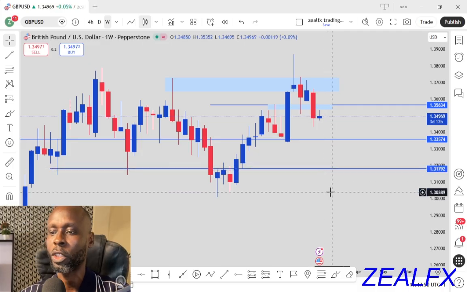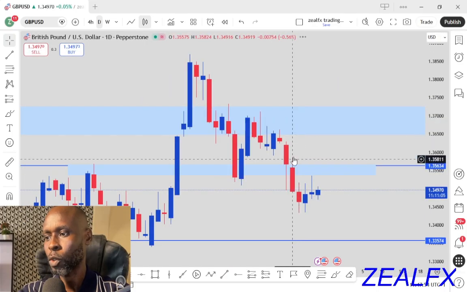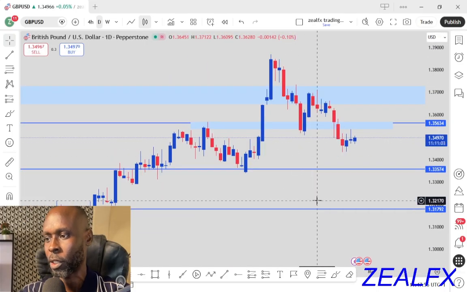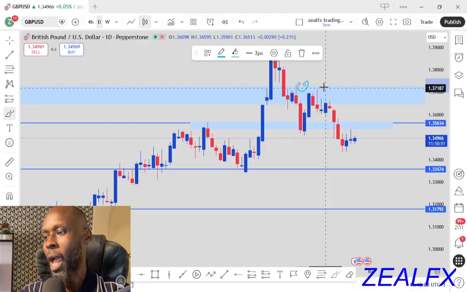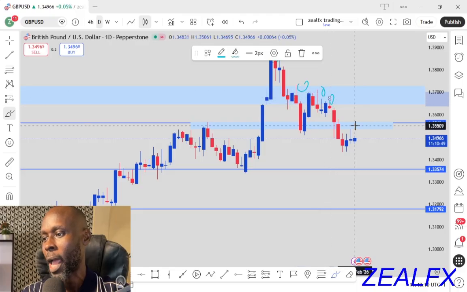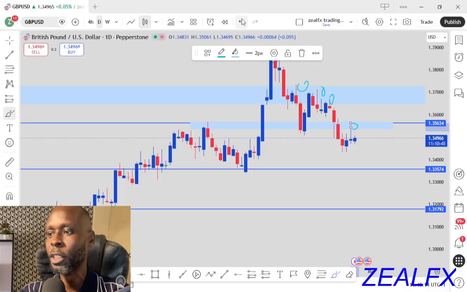So let's go to the daily chart of the British Pound USD. Let's look at the trend on the daily chart first. You can clearly see that we have this higher high, then a series of lower highs, and price is currently closing a series of lower highs on the British Pound USD.